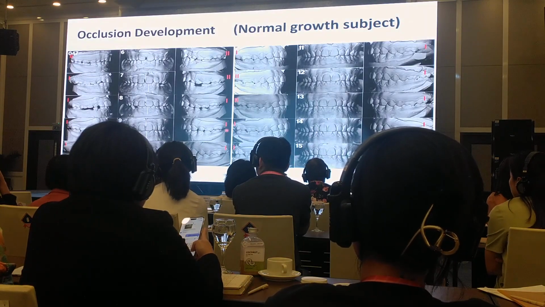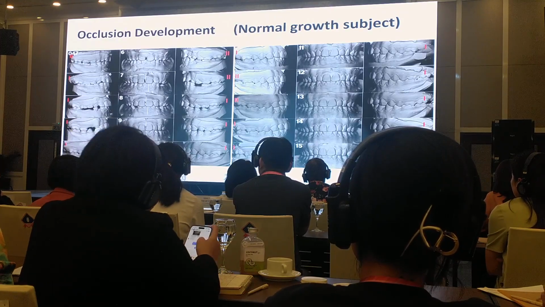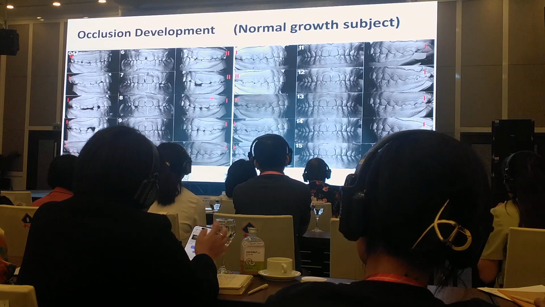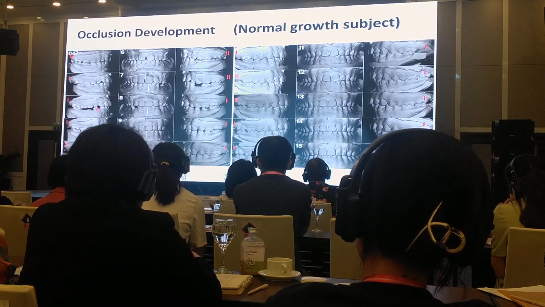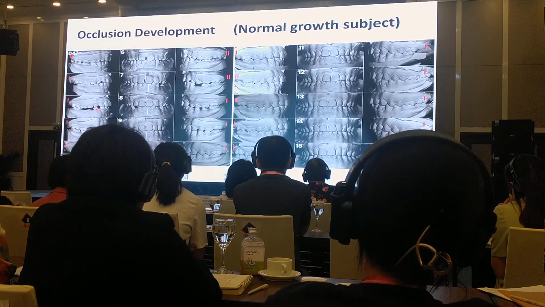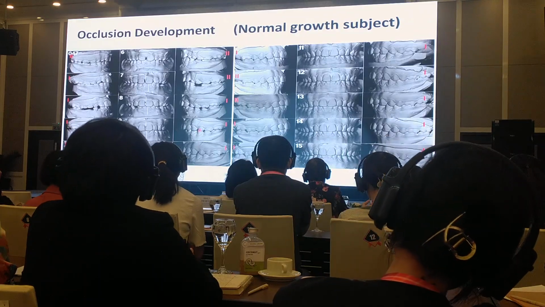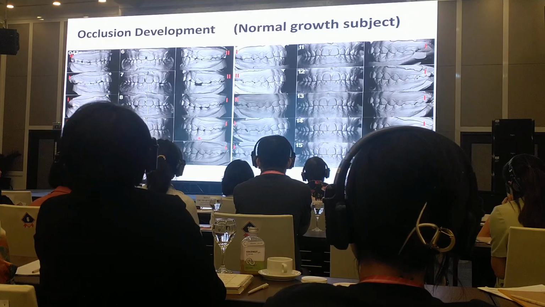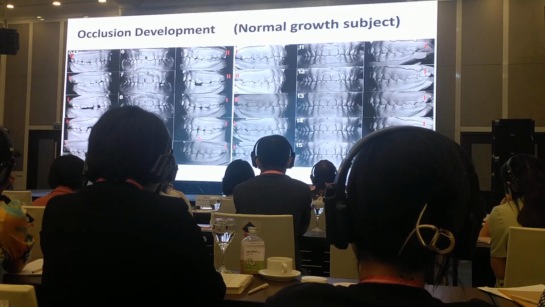Okay. But unfortunately, this kind of looks class 1 molar relation, but this is not perfect. Because at 9 years old, now premolar eruption, perfect premolar. But the premolar relation is still half class 2.